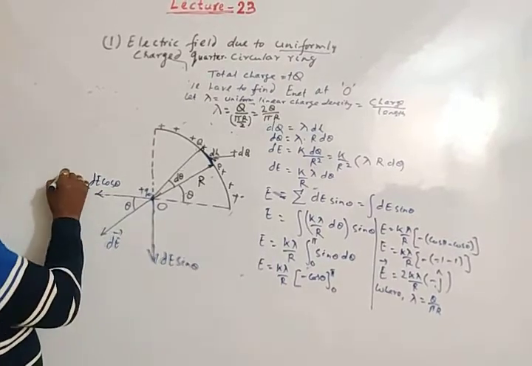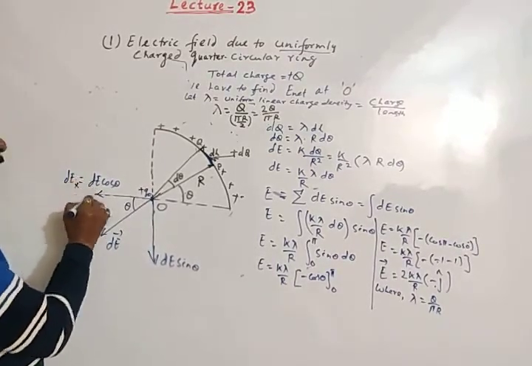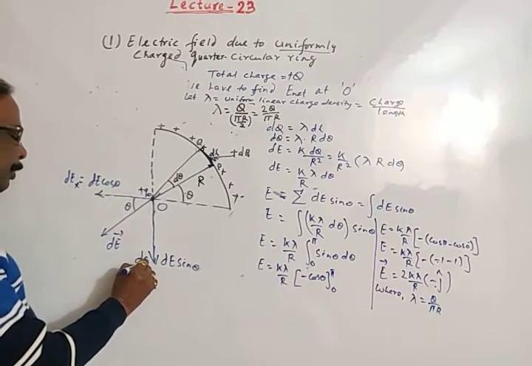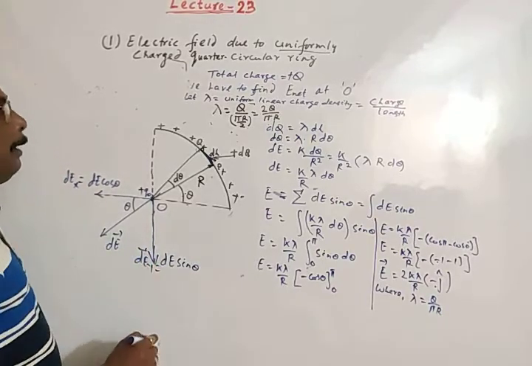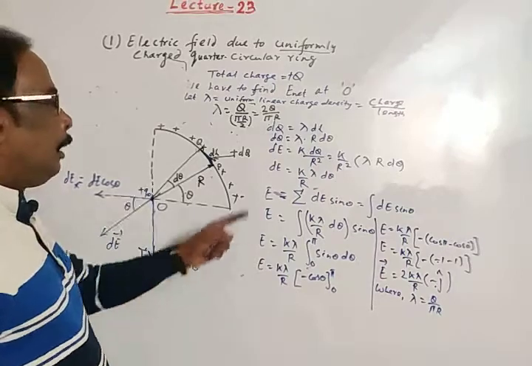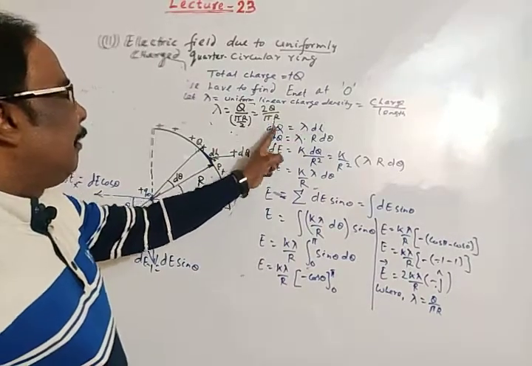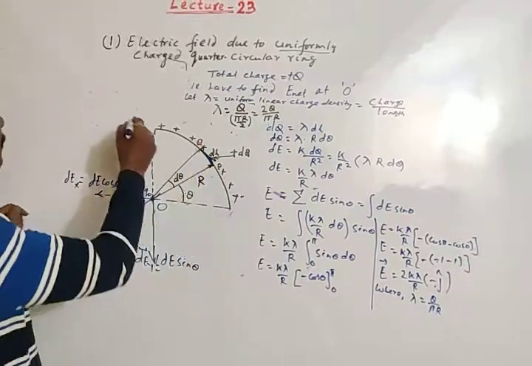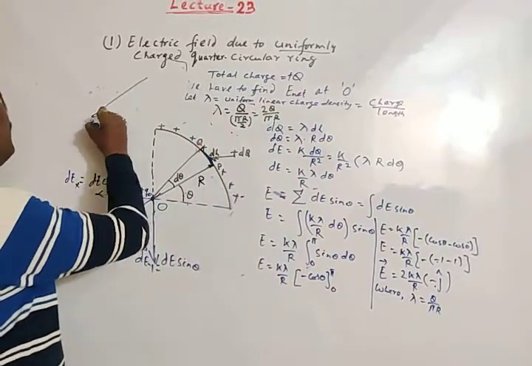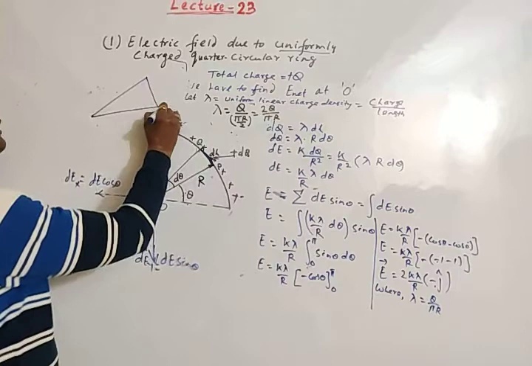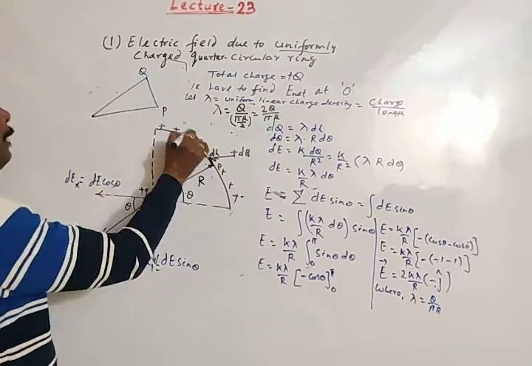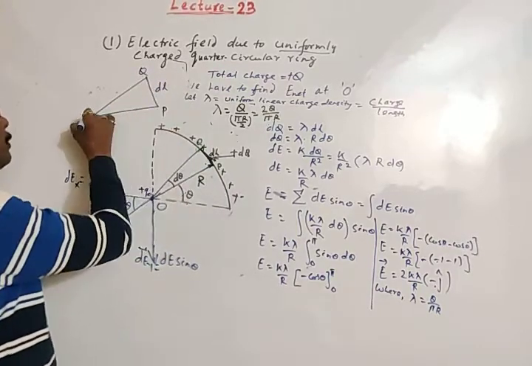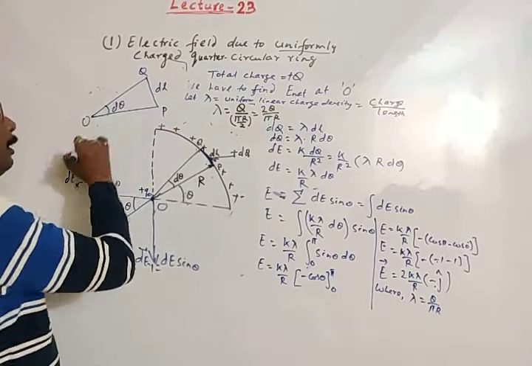Let's take this as dx and this as dy. Now dq, again the same thing, dq is lambda into dl. dl is as in the previous diagram. This is p, this is q, this length pq is dl, this is o, and this angle is d theta.